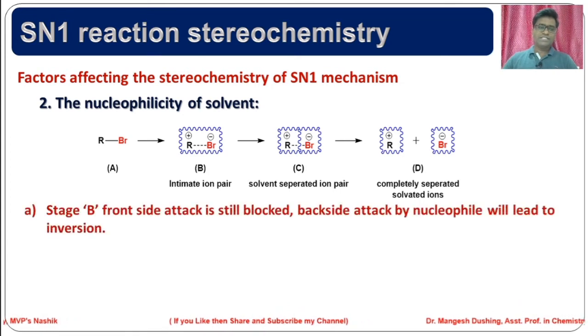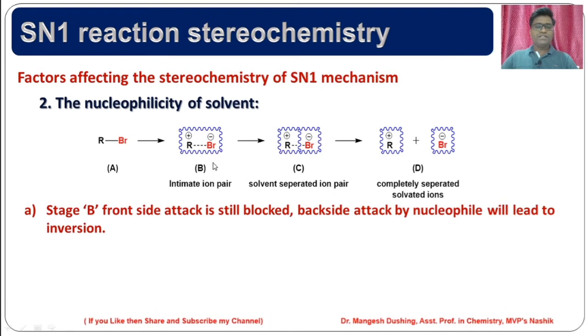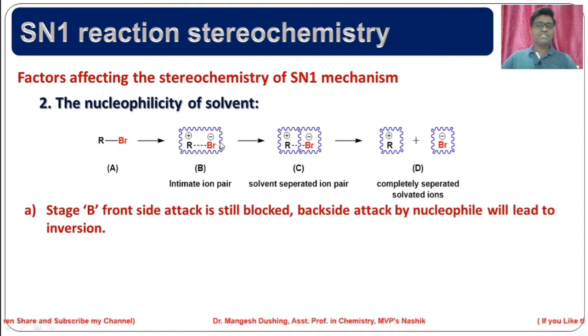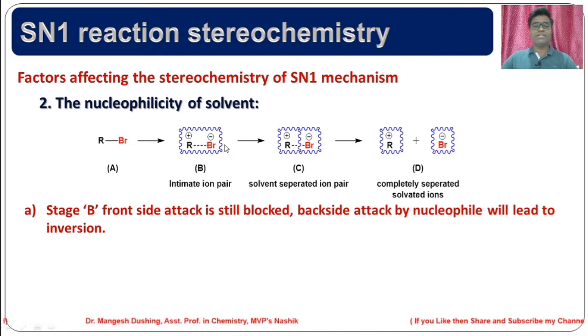Now at stage B, if the nucleophile tries to attack, it prefers a backside attack, because from the front side there is the leaving group. So there will be steric hindrance as well as dipole interaction. So at stage B, inversion of configuration will be more favorable, as the nucleophile attacks from the backside.